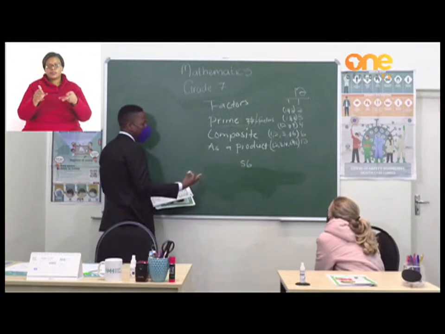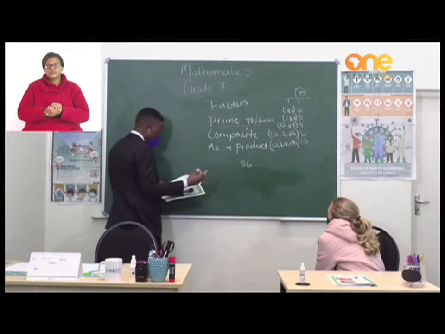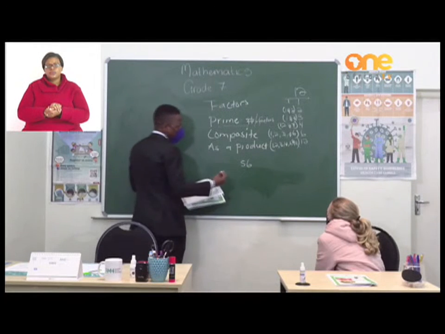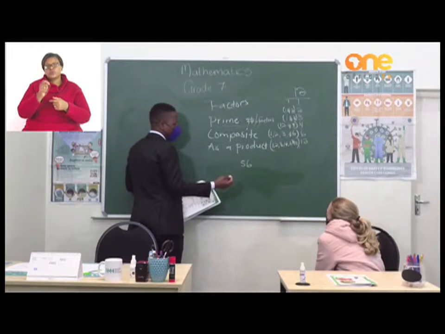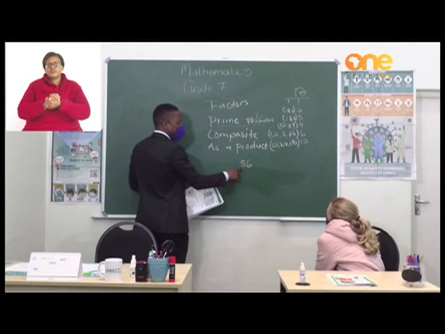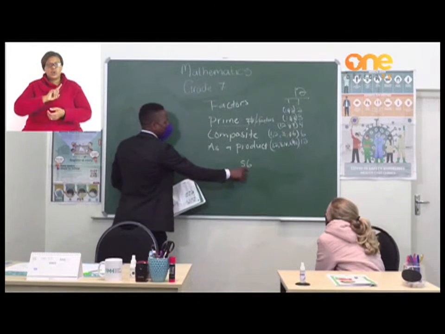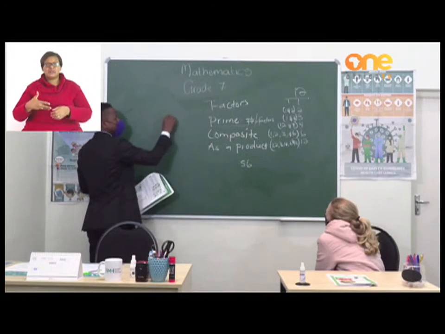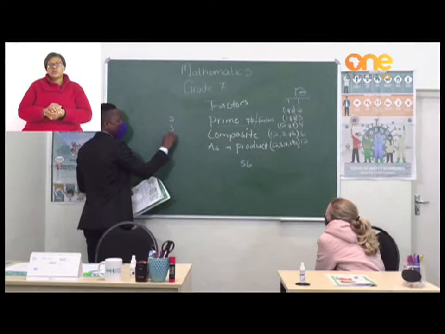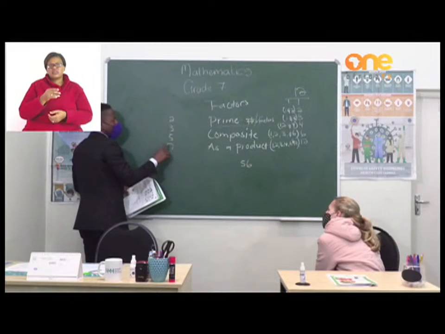We have two methods. One method is called a factor tree, which you need to understand in this way. Our starting point is 56, and then you have to halve 56. Why do we have to halve? Prime factors are 2, 3, 5, 7, and it goes on.